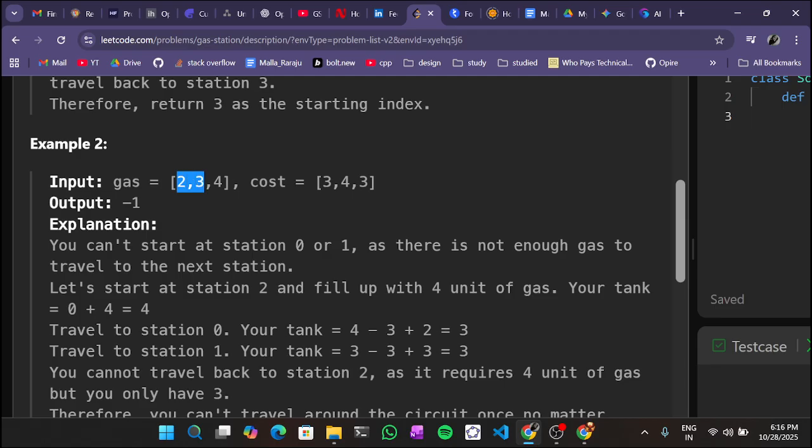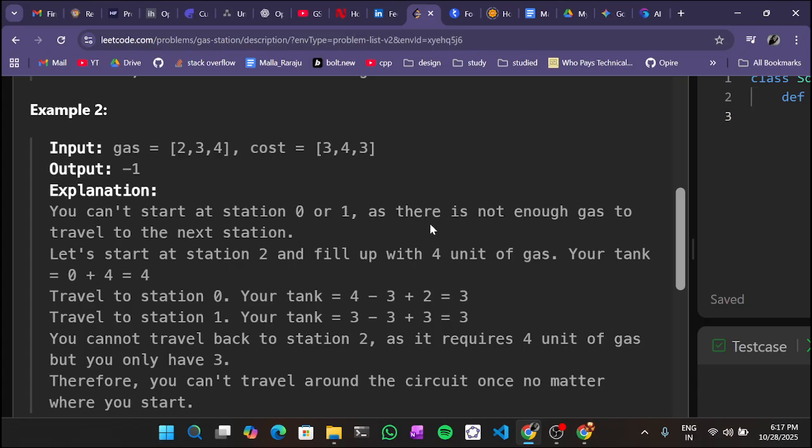Moving forward, we'll make 2 plus 3 in our tank, 5, but moving will cost 3. So we have 2 in our tank, and we'll move to 3 to 4. Our tank is filled with 2, and +4 will make 6. -4 will leave 2. And if you move from 4 to 2 again, we'll do +2 -3. Let's see.